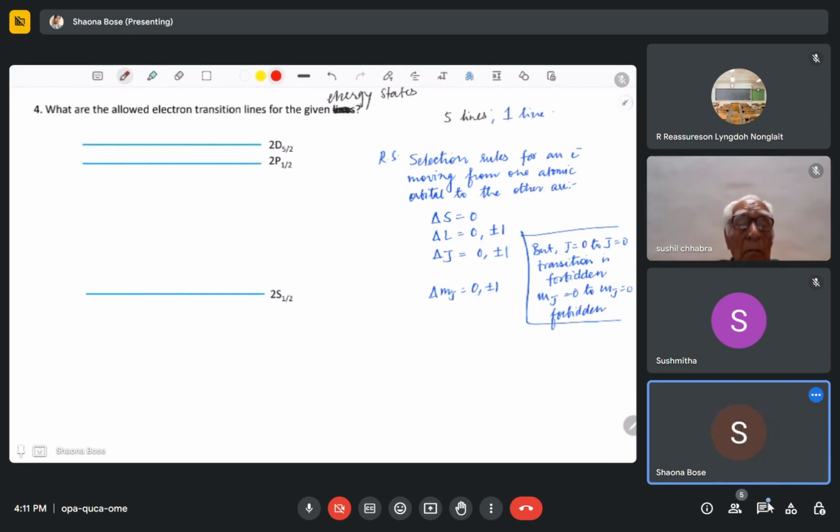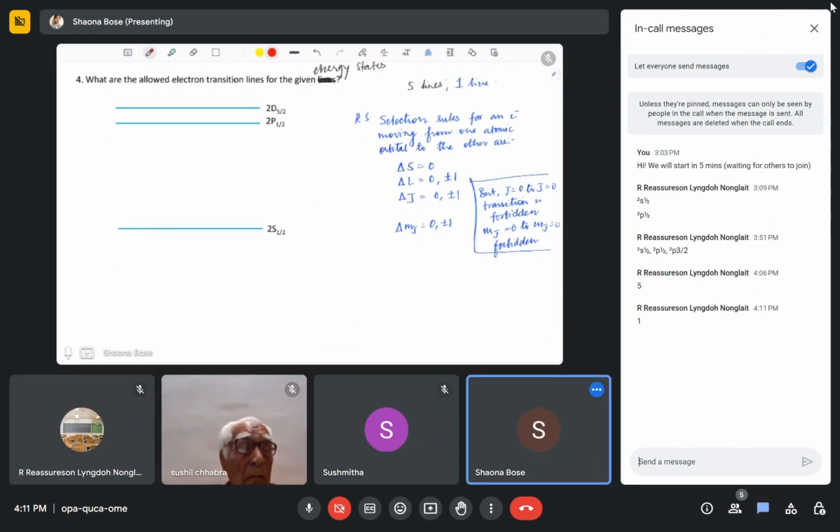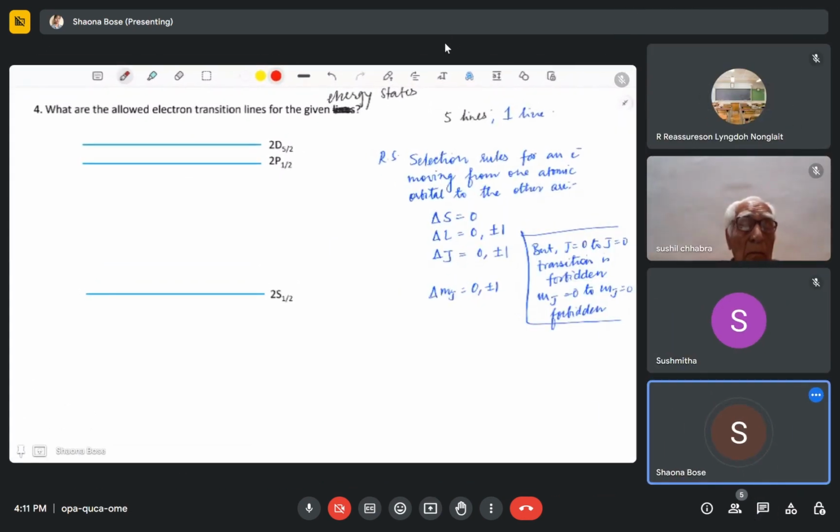Let's see if any of them is correct. Okay, tell me, will this transition take place? 2D5/2 to 2P1/2.